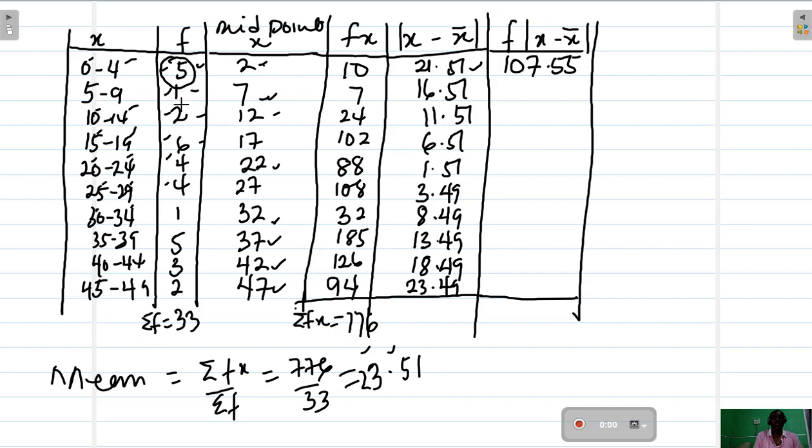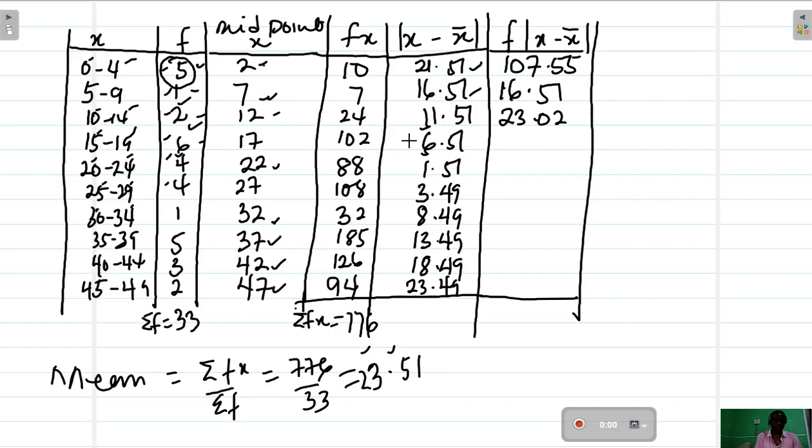Then we come here, 1 times 16.51 will be 16.51. Then 2 times 11.51. Check the answer: 2 times 11.51 will give us 23.02.